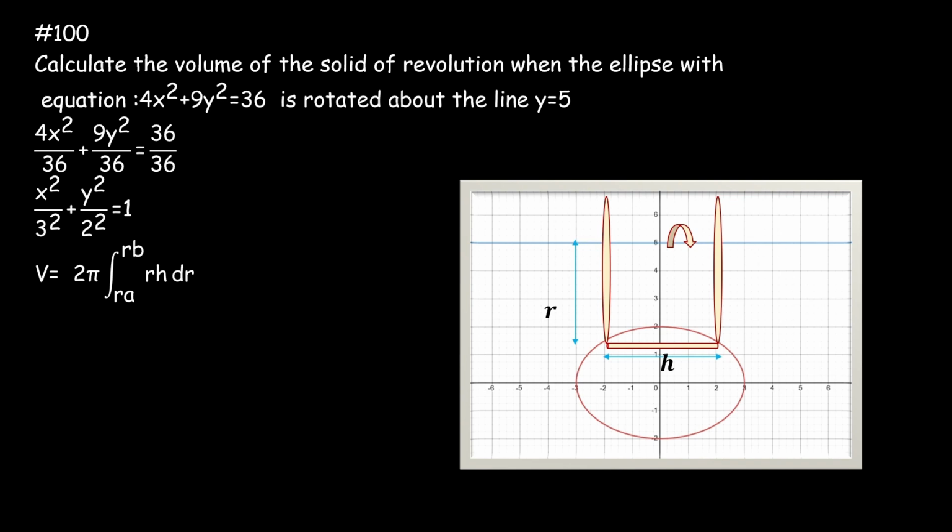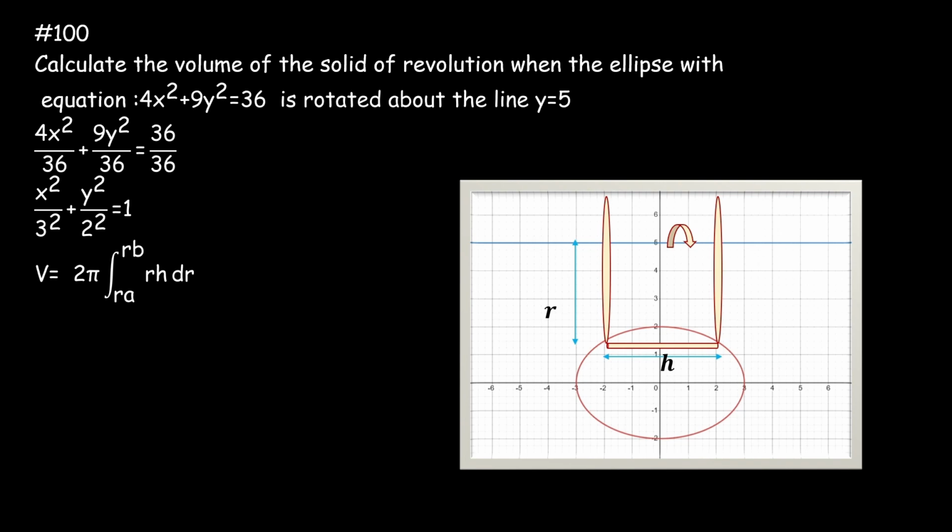Okay, so it's rotated about the line y equals 5. So we need to calculate the distance from y equals 5 to any other value on the curve.